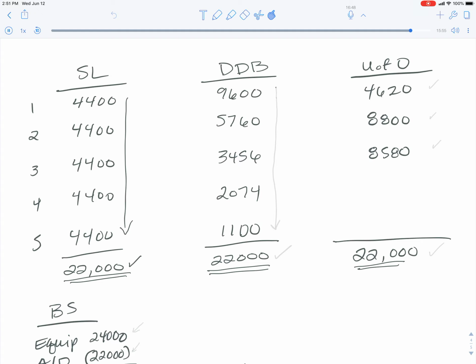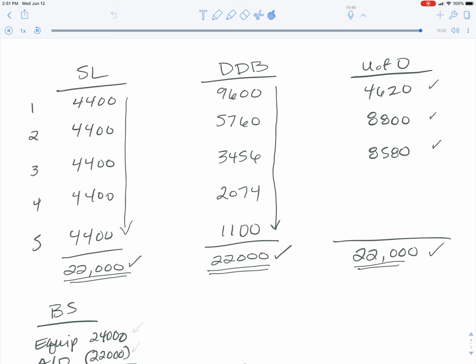Double declining balance, we get a really high depreciation amount first, and then it slowly decreases over time, but we're still not going to depreciate more than $22,000. And then units of output is going to be all over the place depending on the number of hours that we use the asset, but we're still not going to depreciate more than $22,000.